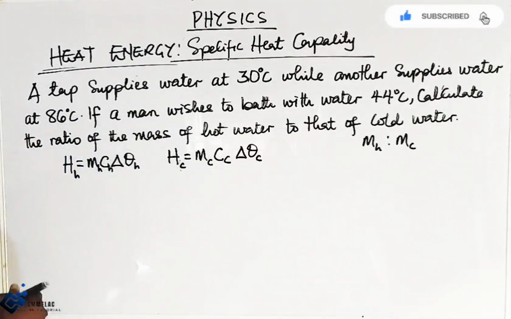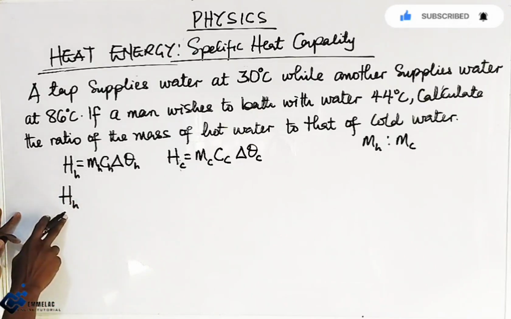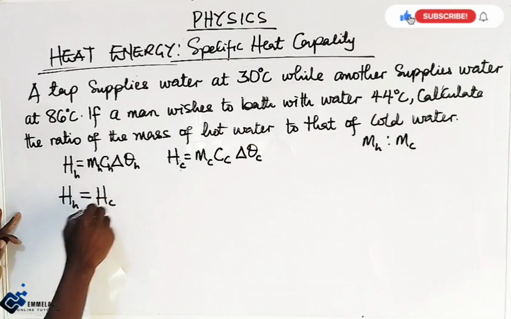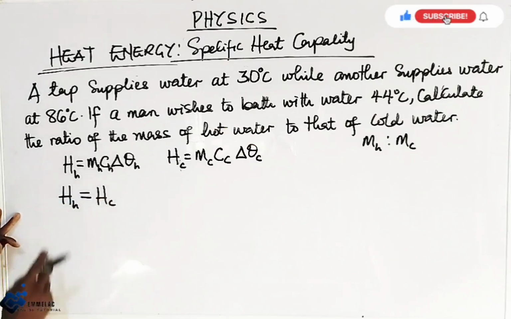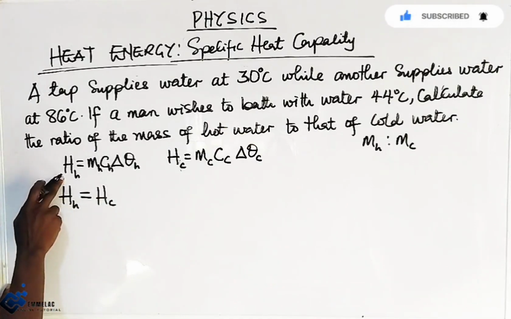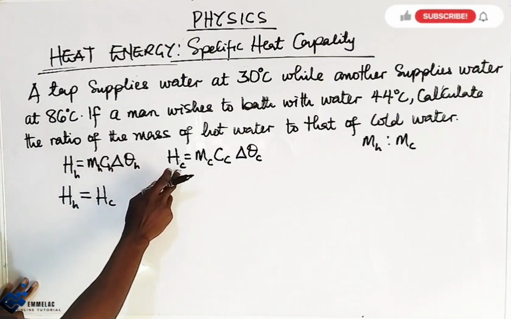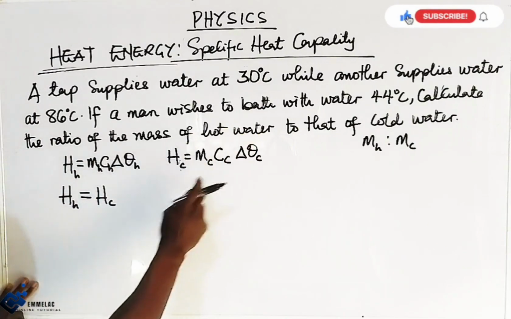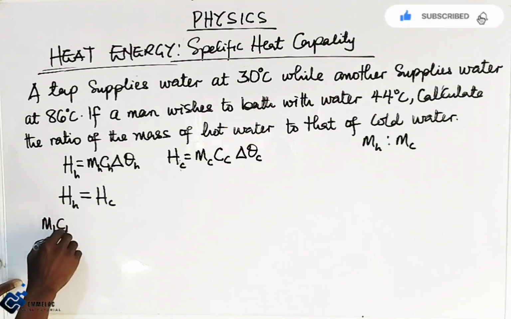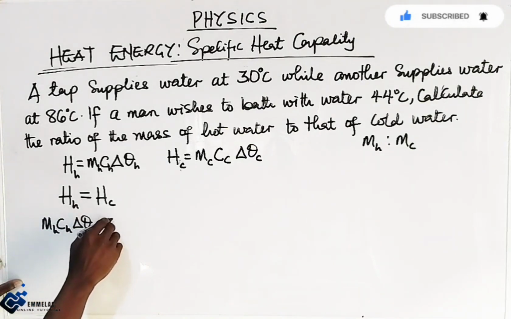So it implies here that the heat loss by hot water is equal to the heat gain by the cold water. Now, if this is true, and we know that the heat lost by hot water is this, and the heat absorbed by cold water is this, we can actually say that MH CH, then change in temperature for hot water, equals what?